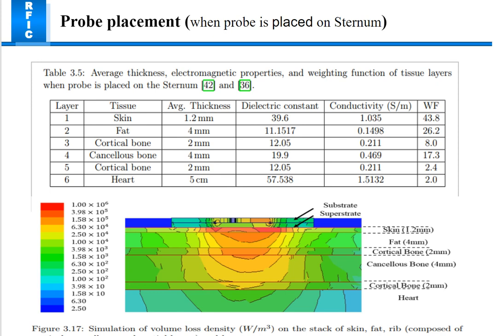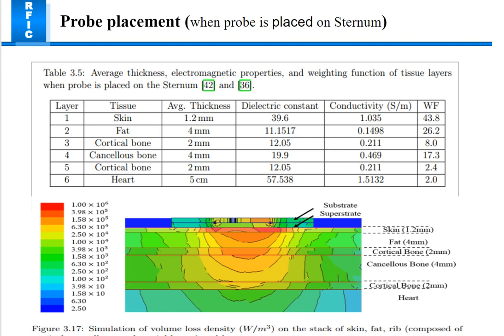When the probe is placed on a centrum, how the temperature differs and how we can measure it. There was average thickness, electromagnetic properties, and weighting function of tissue layer when the probe is placed on centrum.